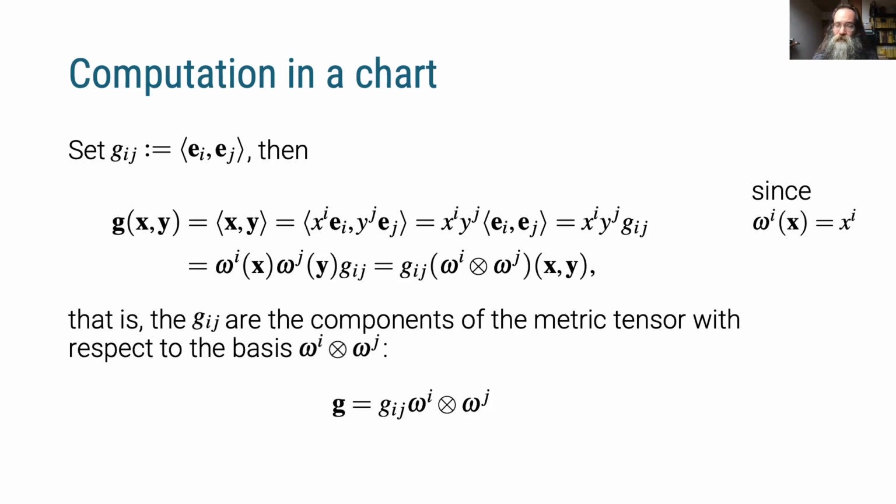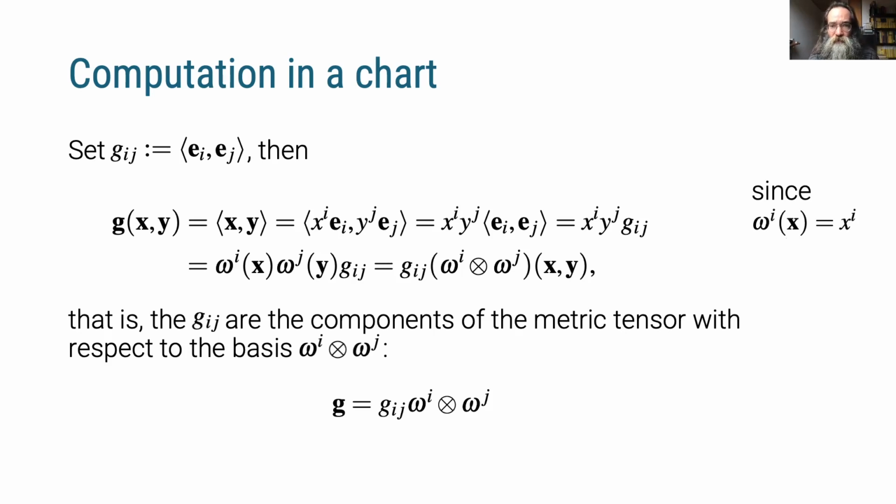And we are left with the inner product of e_i and e_j, which are now fixed numbers, because the basis in this chart is a fixed basis determined by the chart. Which means that the inner product of x and y in components is just x^i y^j times g sub ij, summing over all combinations of i and j.